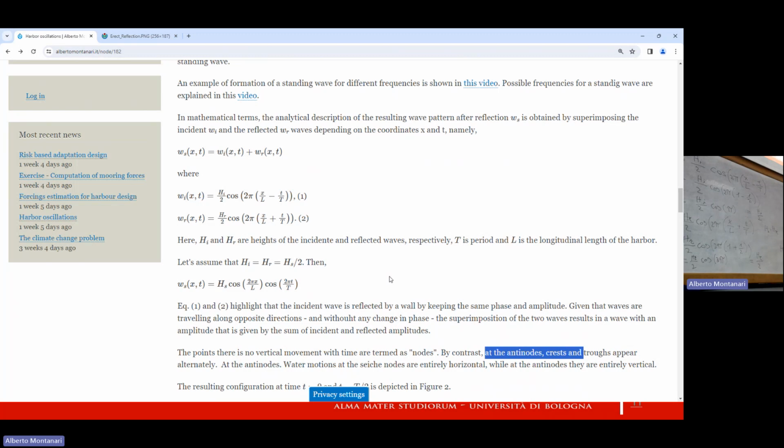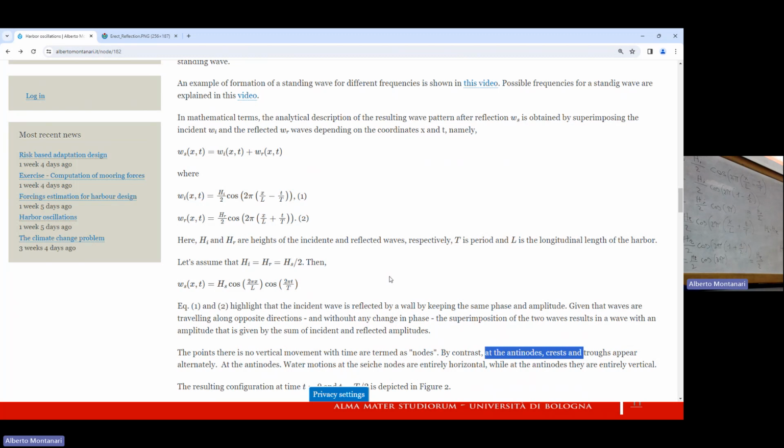So you want to prevent this, right? No, I don't think, not necessarily. Once you get a wave that has a period corresponding to the period of the harbour, this happens.